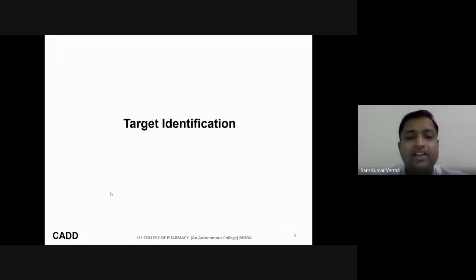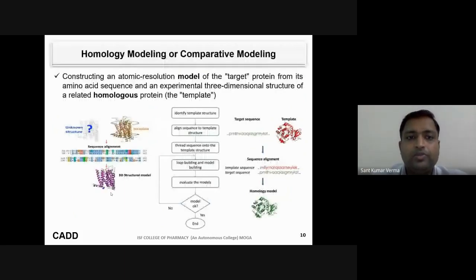So we can see how CADD is involved in target identification. For target identification, we can use homology modeling or comparative modeling, where we do not have the structure of a protein or target, so we construct an atomic resolution model of the target protein from its amino acid sequence and an experimental three-dimensional structure of a related homologous protein, that is the template.